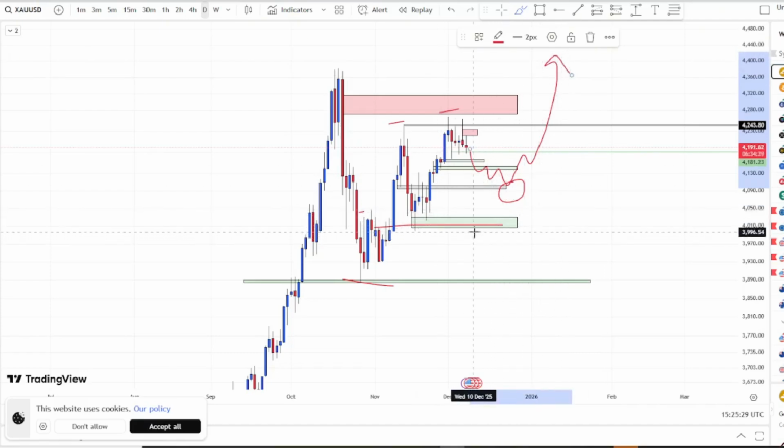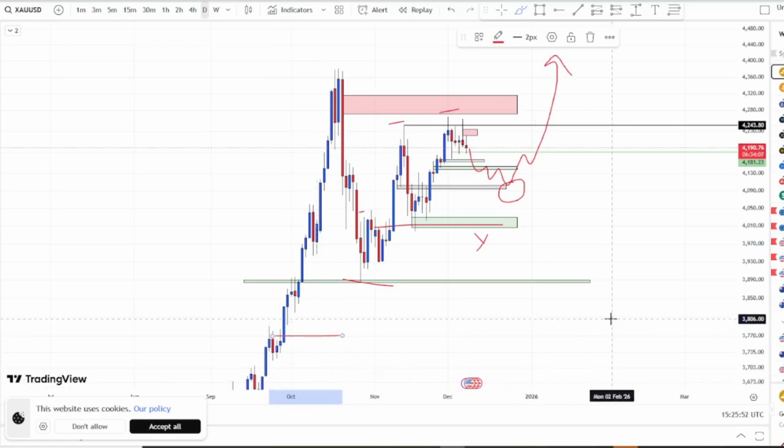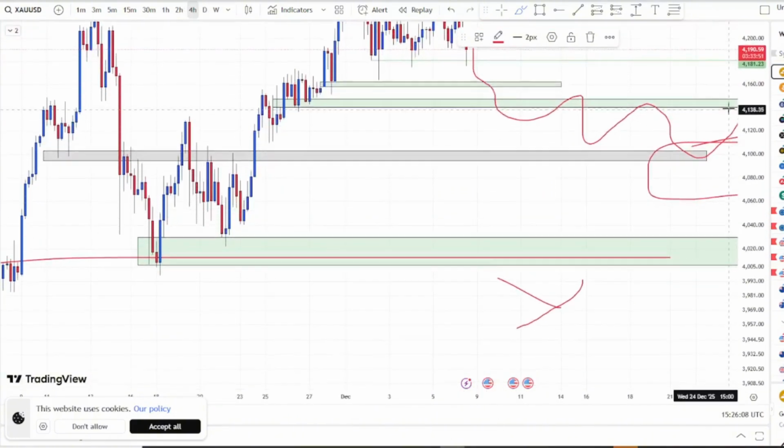If this is going to be invalidated, price will cut below this low, creating a lower low, which will therefore be a change in behavior in price, indicating that this will now turn into resistance and then push price down below this level of support, maybe down into 3380 area, and then 3780 area, right? But we could see price find a higher low before that.